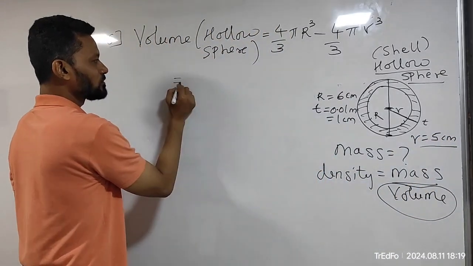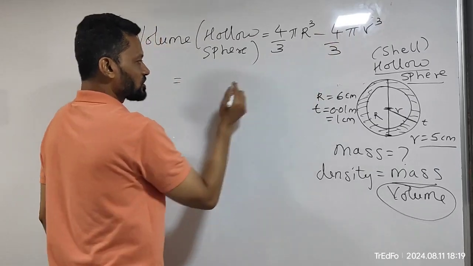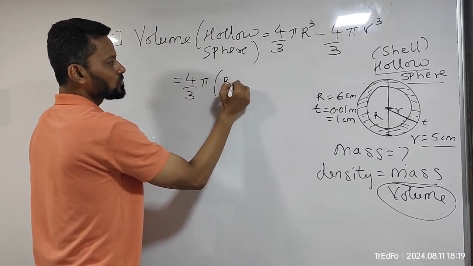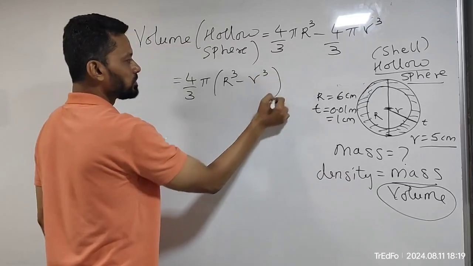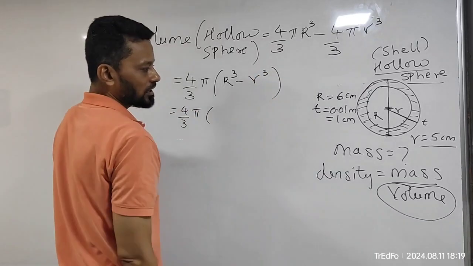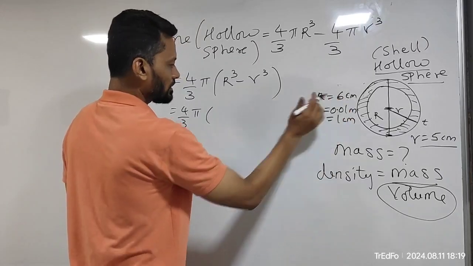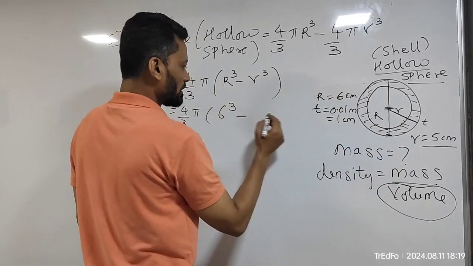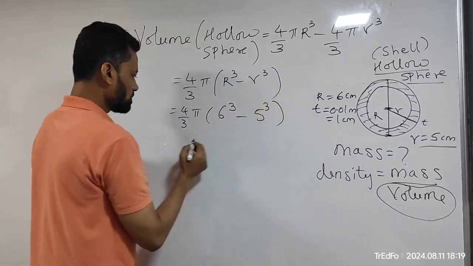Let's substitute these values. Again, no simplification. Take common 4 by 3 pi, r cube minus r cube. 4 by 3 pi, capital R is 6 cube minus small r, it's 5 cube.